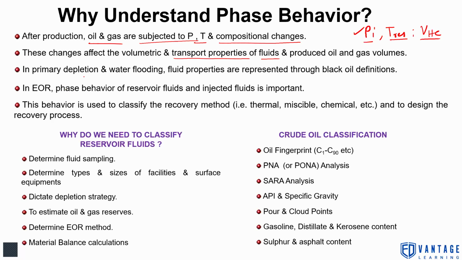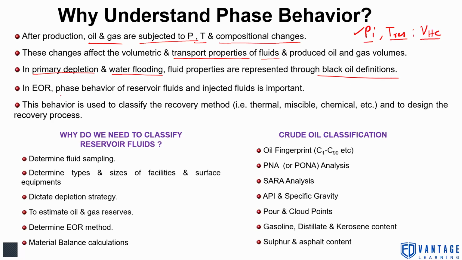In primary depletion, where pressure drop is the primary driving force for oil and gas to produce, and of course in secondary recovery, which is water flooding, fluid properties are represented through black oil definitions. Black oil is when your oil is a single component and its composition is defined. Similarly, gas and water, but there is no mass transfer happening between two different fluids or phases. But in compositional, we will also track the mass transfer and that phase behavior.